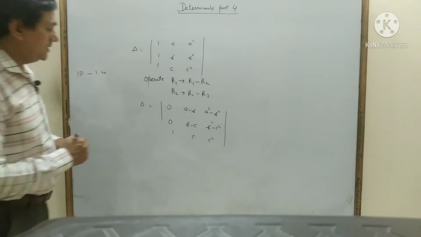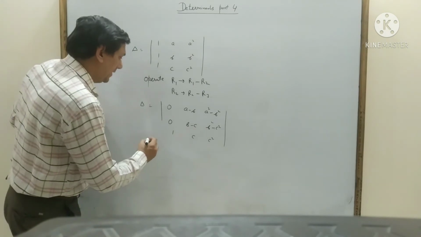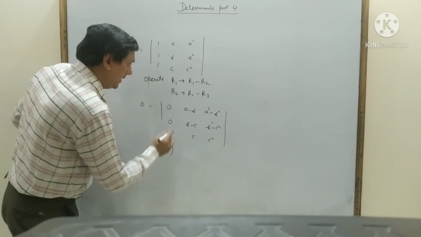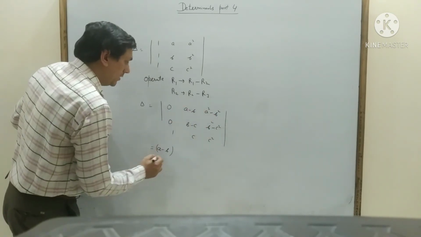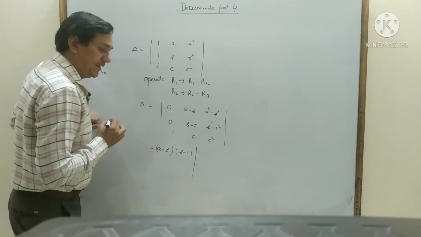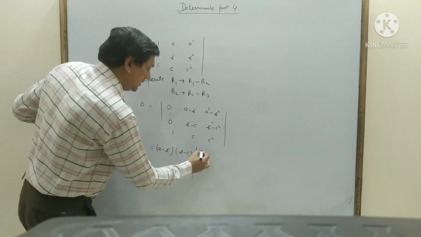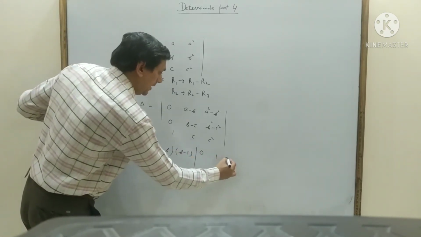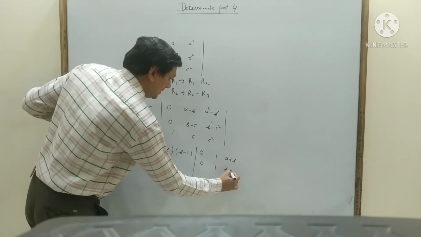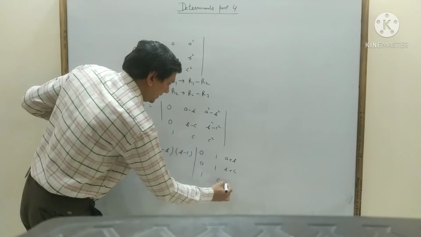Operations are generally followed by taking common. Now we can take a minus b common from R1 and b minus c common from R2, thereby taking common from the whole determinant: 0, 1, a plus b; 0, 1, b plus c; 1, c, c square.